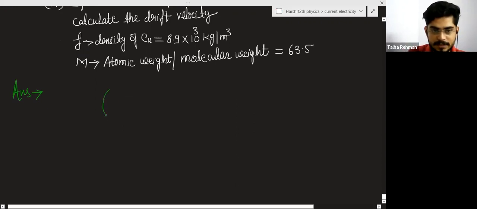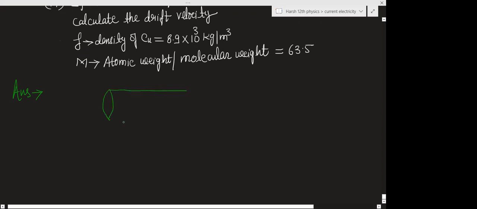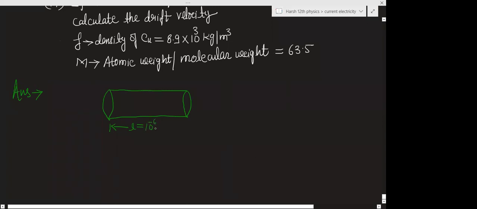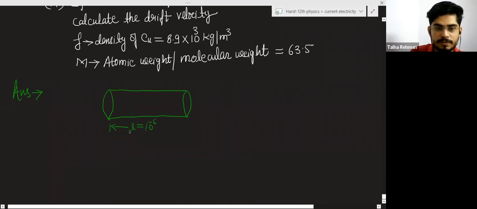This is a copper wire I am taking. Always try to make the diagram. Length is not 10 to the power minus 6.